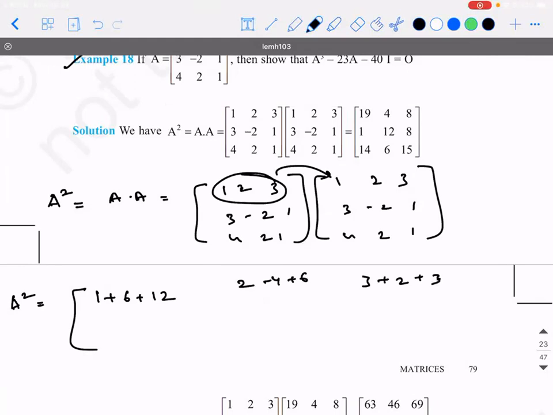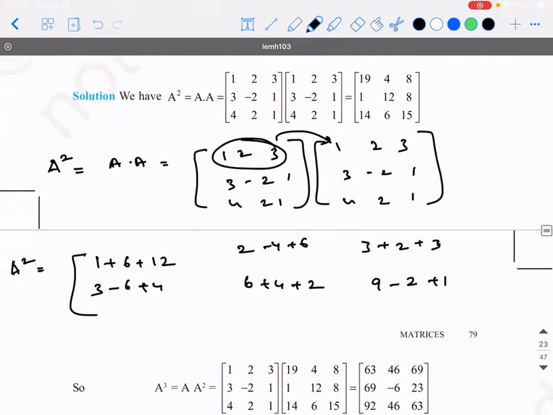Now the next row is 3 minus 6 plus 4. Then we have 6 plus 4 plus 2, then 9 minus 2 plus 1. Then 4 plus 6 plus 4, 8 minus 4 plus 2, and 12 plus 2 plus 1.